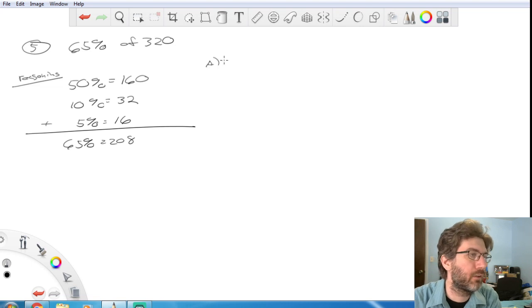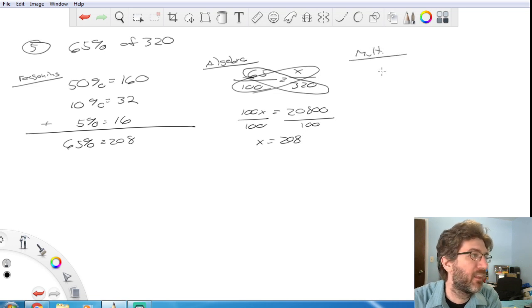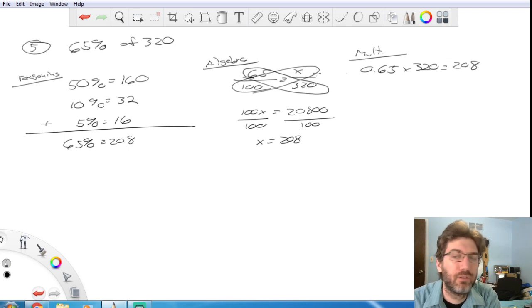You can do it algebraically by doing 65 over 100 equals x over 320. 65 times 320 is 20,800, divide by 100, divide by 100, x equals 208. You can do it by multiplying, again turning that into a decimal, 0.65, and multiplying it by 320. Any way you want, Sarah.